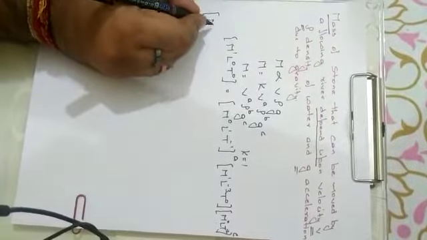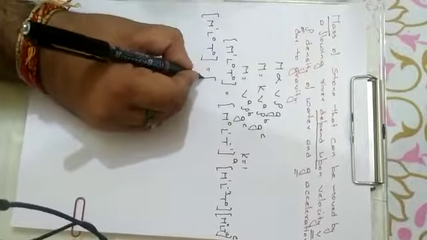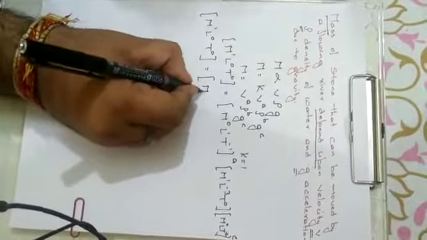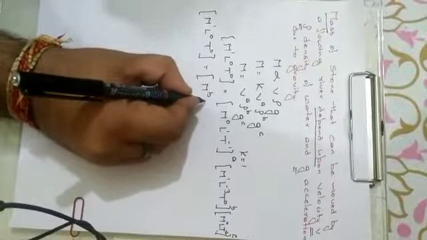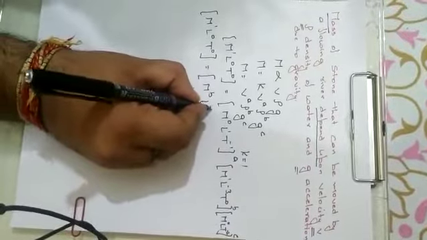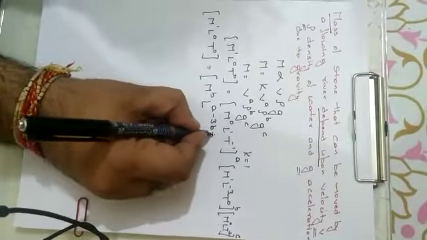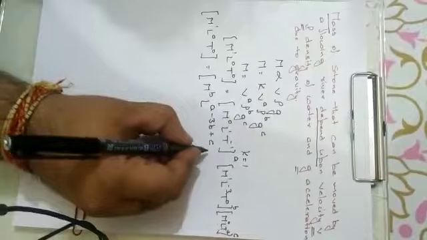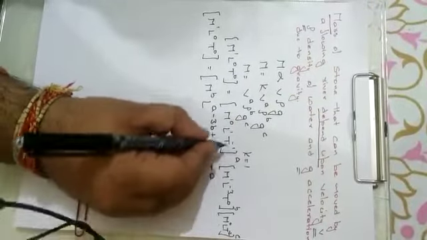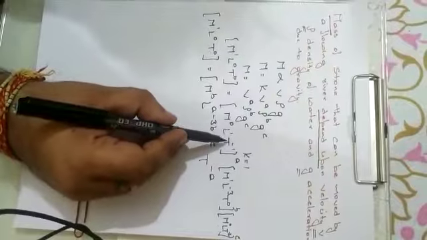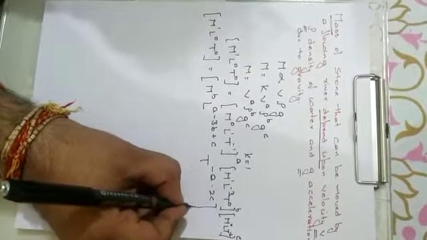So we will have M1 L0 T0 equals M raised to power b, L raised to power a minus 3b plus c, and T raised to power minus a minus 2c.